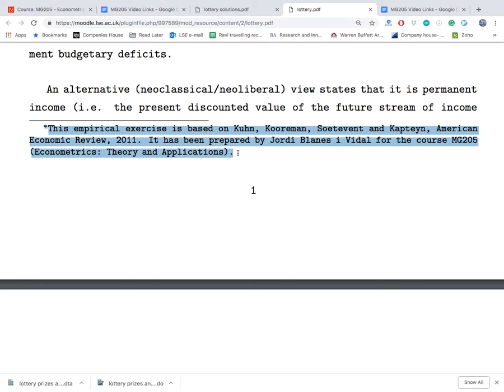Most of the empirical exercises we look at rely on some smart data collection, right? This was a smart data collection because it relied on randomness of lottery winnings, okay? And that's why it was a smart data collection.